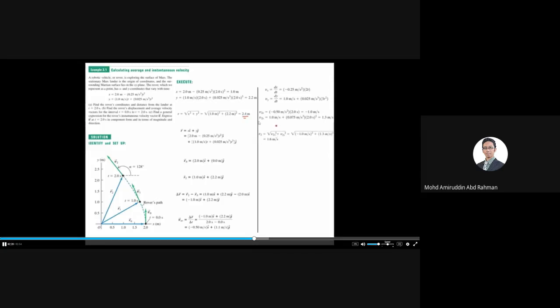And then for y, Vy, you replace that t also with 2 seconds, and then you obtain Vy equals 1.3 meters per second. Okay, so you have the x and y components. Because the question asks you about the magnitude and direction, you need to find out the vector.